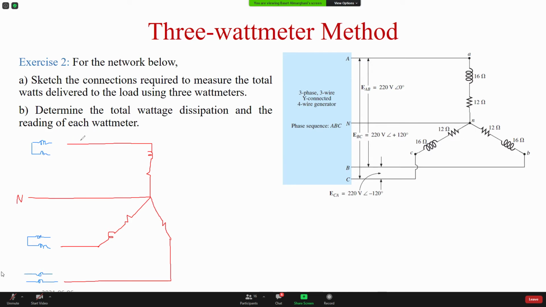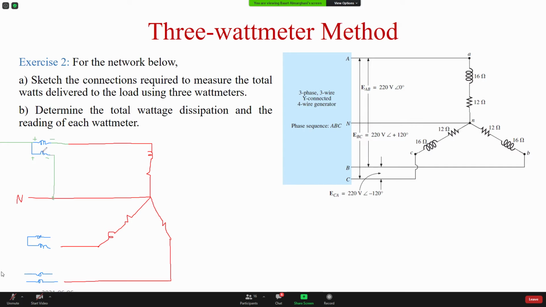So current is connected like this. This is the current coil to measure the current. Positive, negative. Voltage, positive, negative. It's going to connect across the phase.